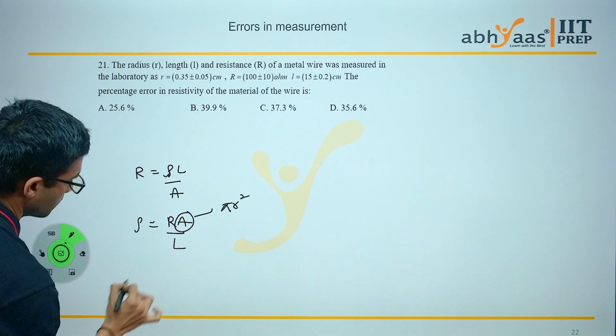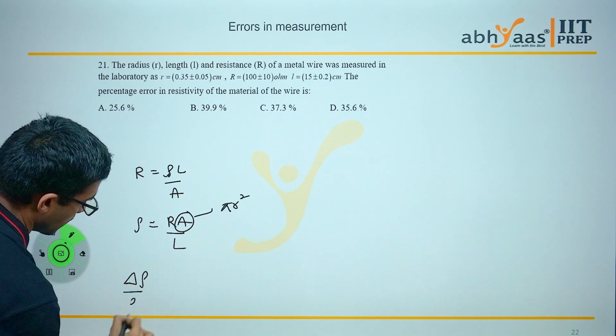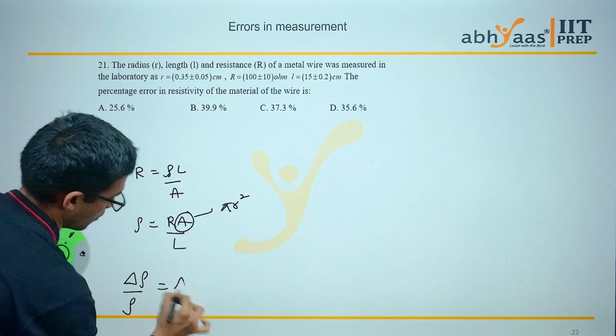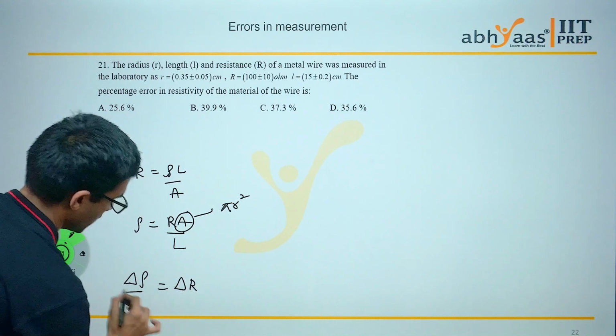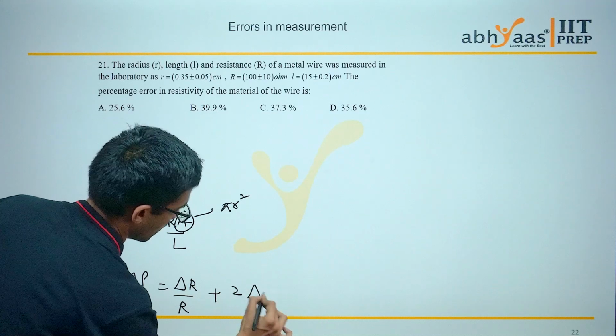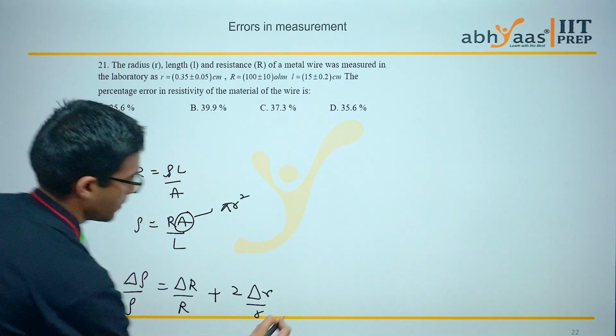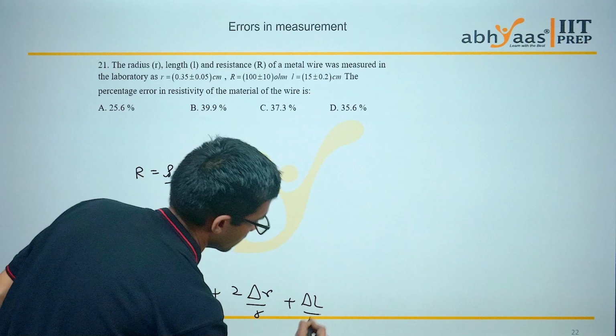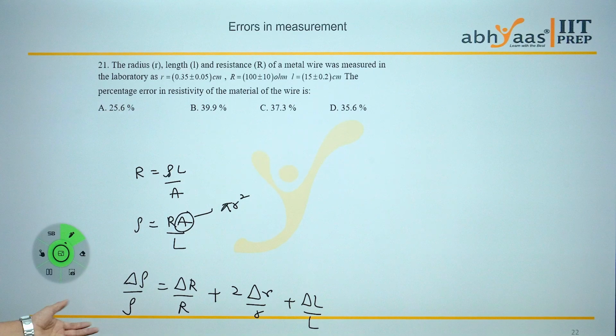So delta rho by rho is equal to delta R by R plus 2 into delta r by r plus delta L by L. This is errors in measurement.